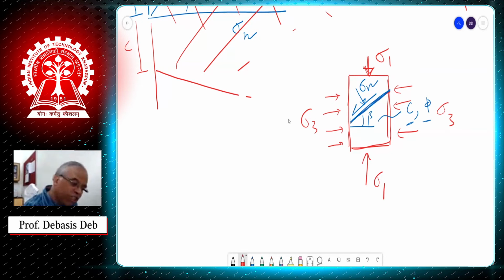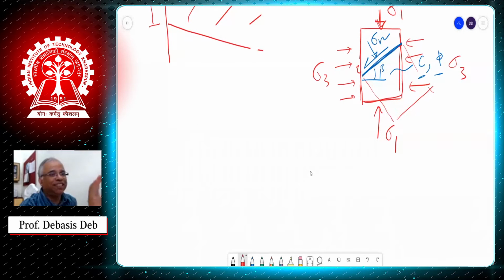Now the question is whether I can rotate sigma n and tau into the sigma 1, sigma 3 plane. I will not plot it in the tau, sigma n plane; rather I will plot it in the sigma 1, sigma 3 plane, or rotate this stress. I told you this before: this is the rotation angle beta, so I can easily rotate it. This can also be done by the Mohr circle, so I am plotting the Mohr circle so that you understand it in a much better way.